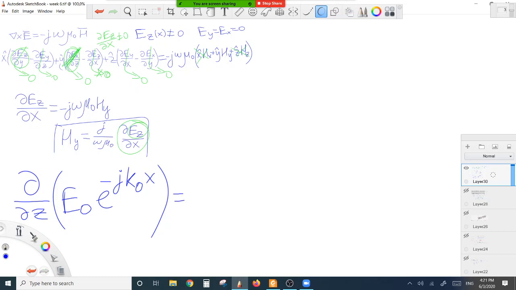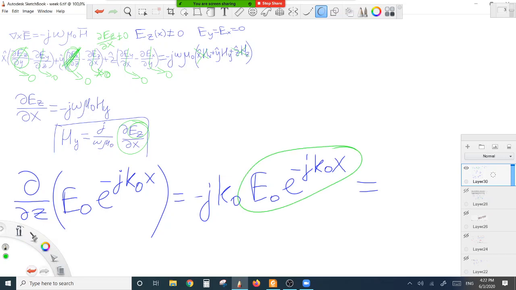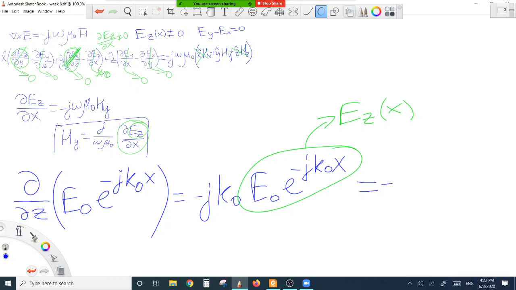Yes, and if we take the derivative, we have minus j k0 E0 e to the power of minus j k0 x, or we know that this term is equal to Ez of x, and we have minus j k0 Ez of x.